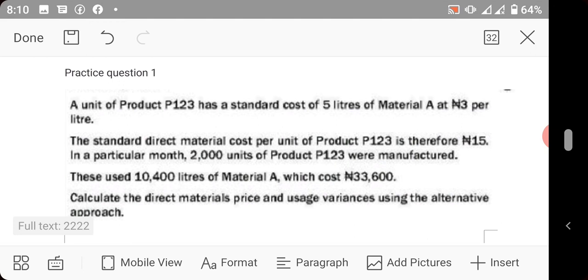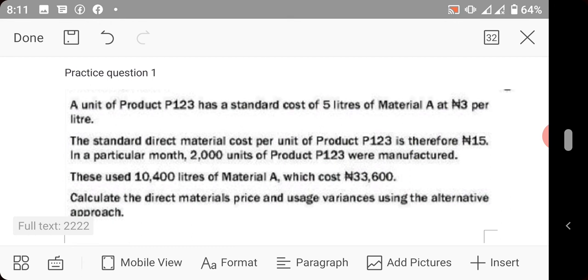In a particular month, 2,000 units of product P were manufactured. This used 10,400 liters of material A, which cost 33,600. Calculate the material price, usage, and cost variances. Now, I will explain this question. Listen.